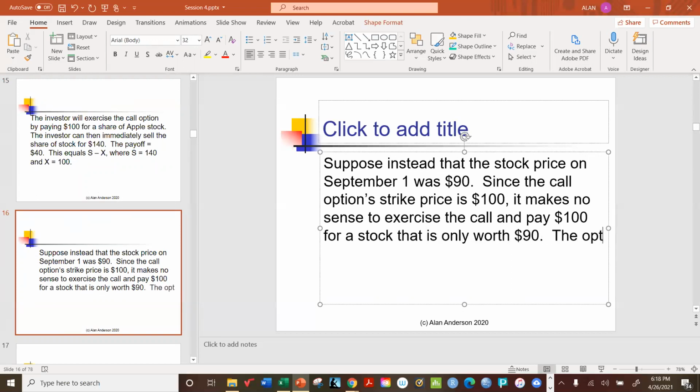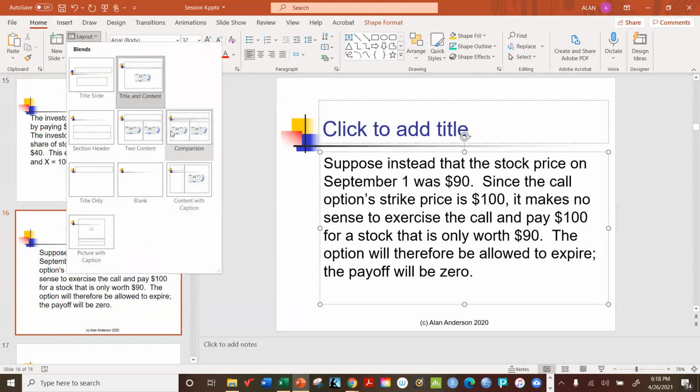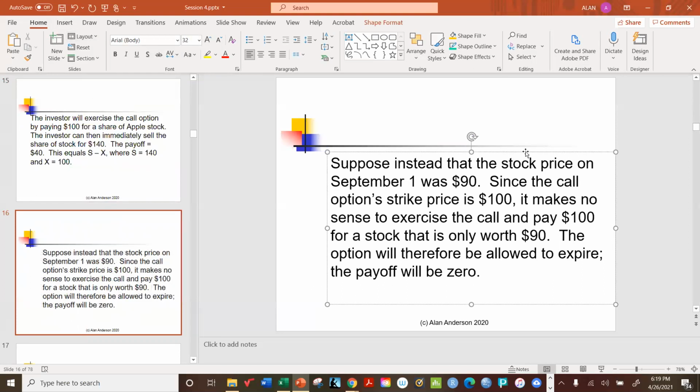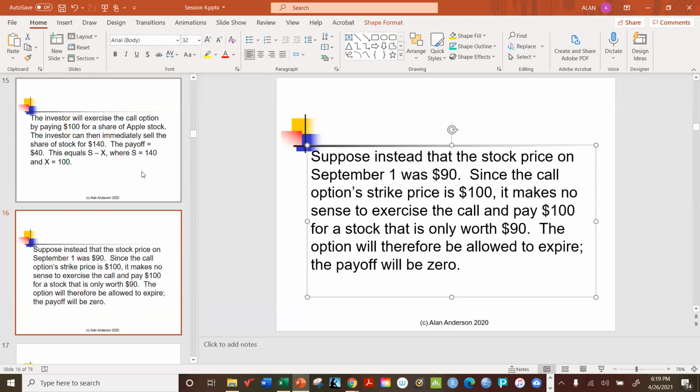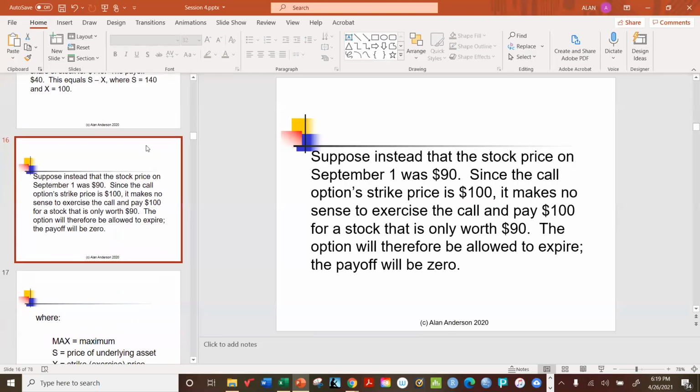The option will therefore expire, or be allowed to expire. The payoff will be zero. Okay, so in this case, there's no point in exercising the option. Why would you pay $100 for something that's only worth 90? So in this case, the payoff is zero.